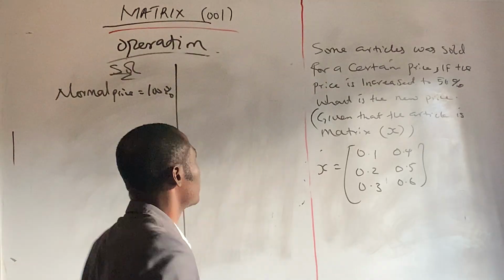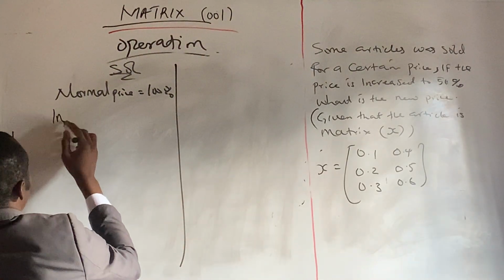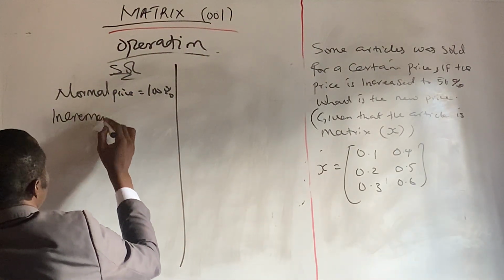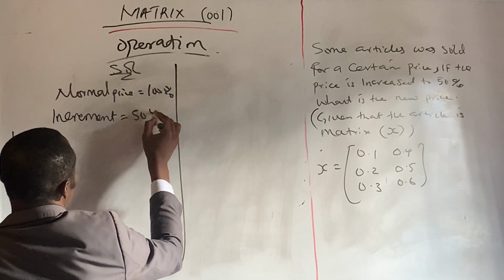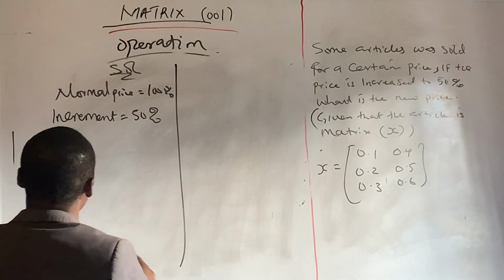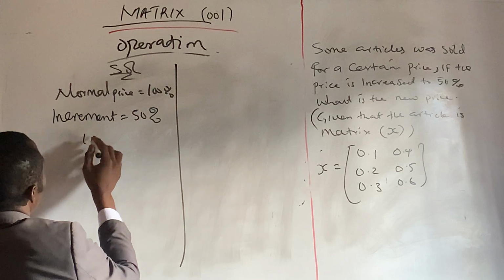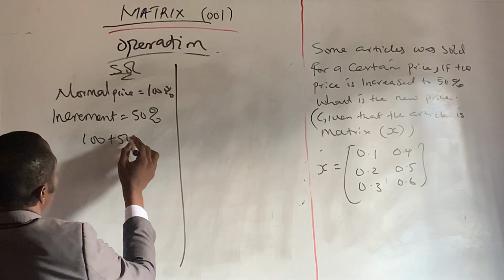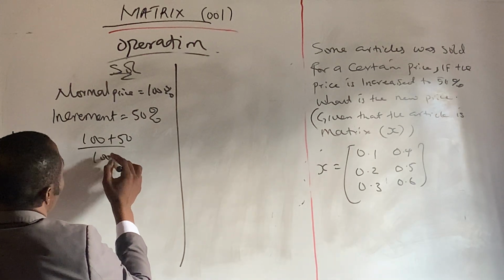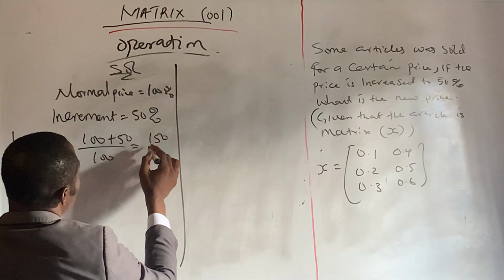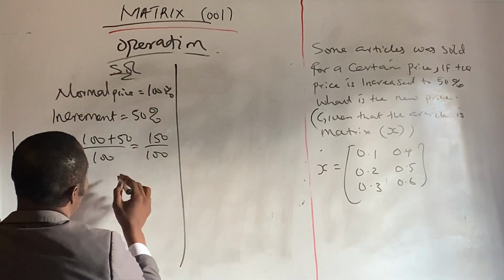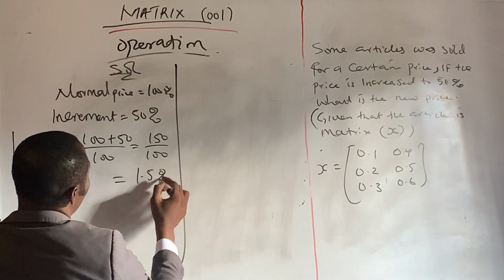What's the percentage increase? Now the increment is 50%. So what we're going to do is 100 plus 50 divided by 100. This is going to give me 150 divided by 100, and that will give me 1.5.